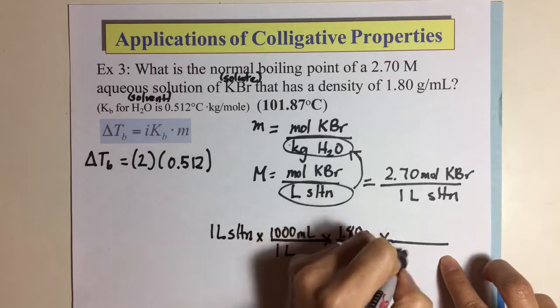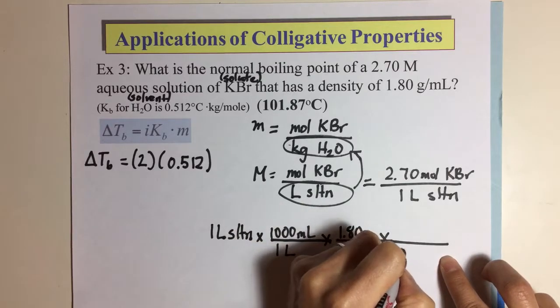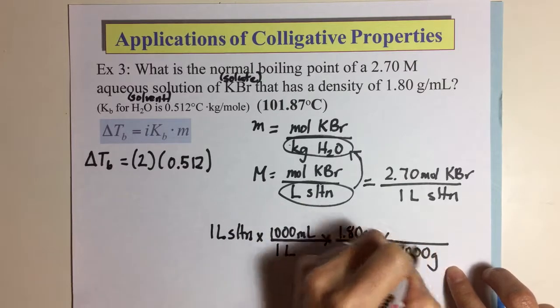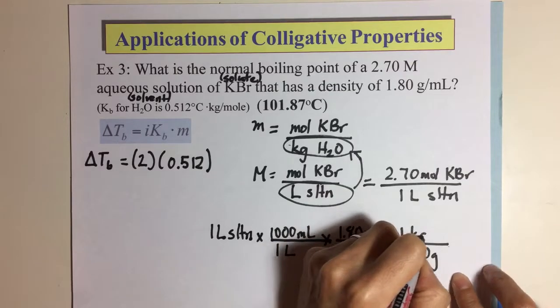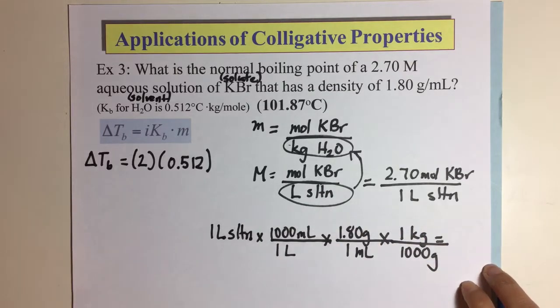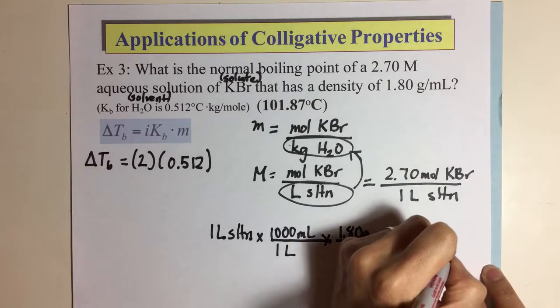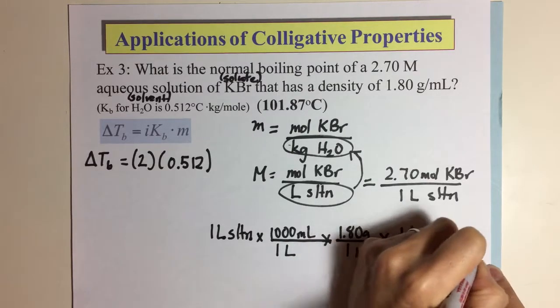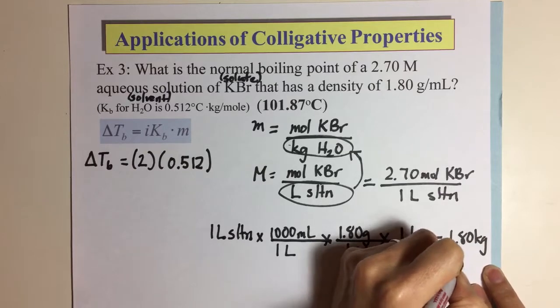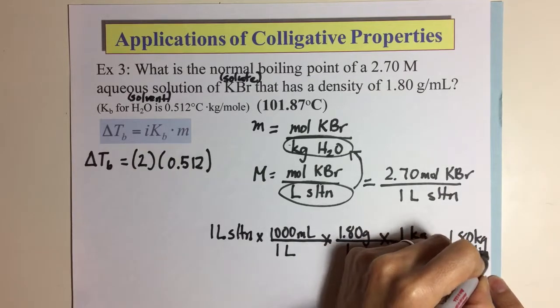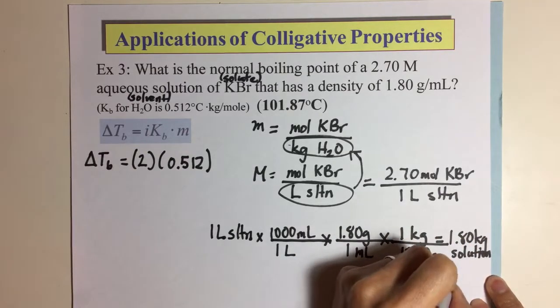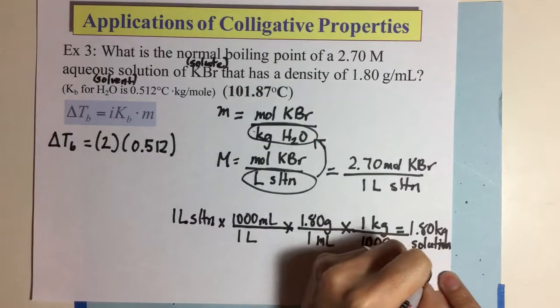So I'm going to take 1,000 grams is 1 kilogram. So that will then give me my kilograms of solution. So I end up with 1.80 kilograms of solution. Now, what is the solution made up of? I know that it's made up of KBr and water.